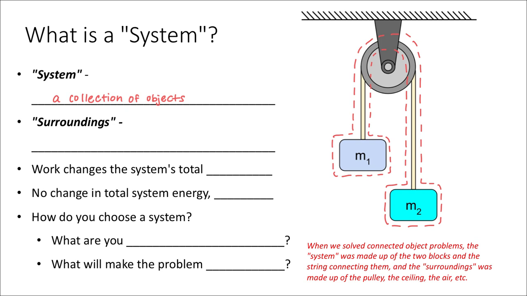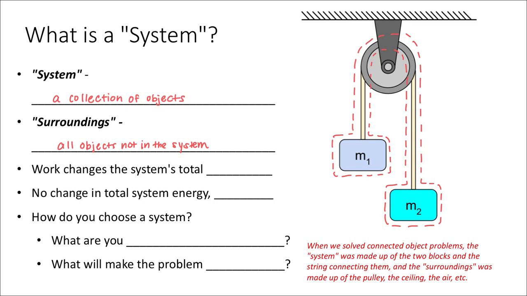And we drew a red dashed line around them to indicate a system boundary, or in other words, everything inside the dashed line was our system, and everything outside of the dashed line, all of the other objects, were the surroundings. So in this example, the pulley itself, the ceiling, the air molecules were not part of the system, they were all part of the surroundings.